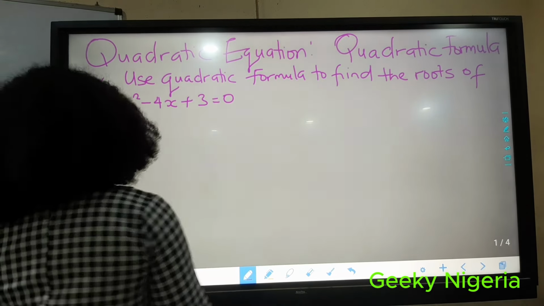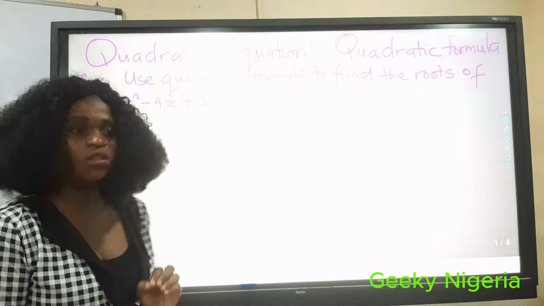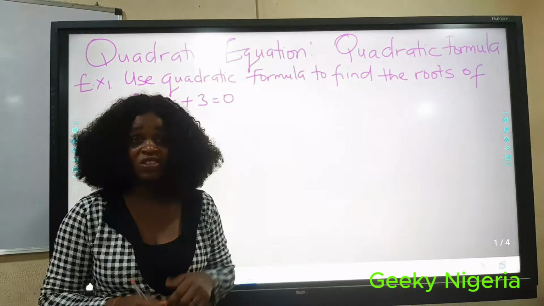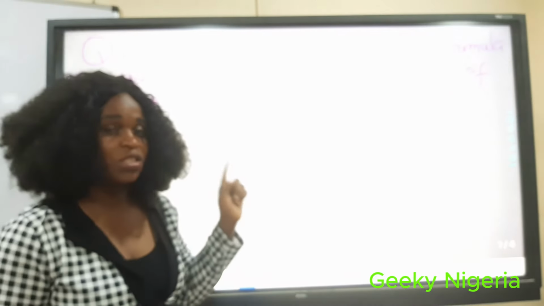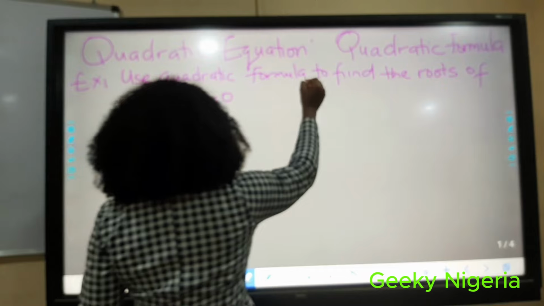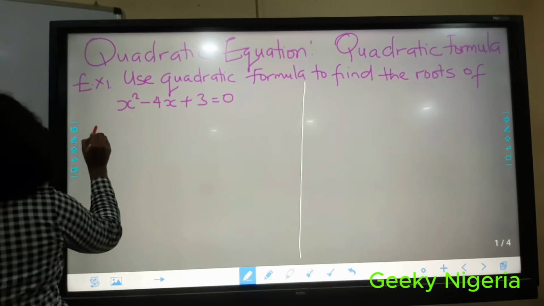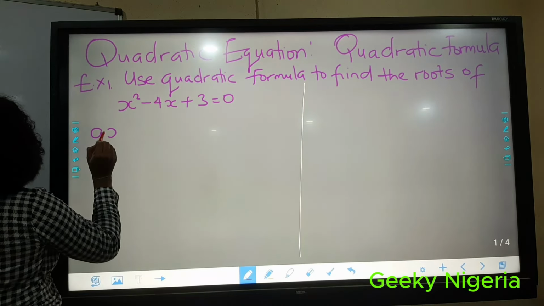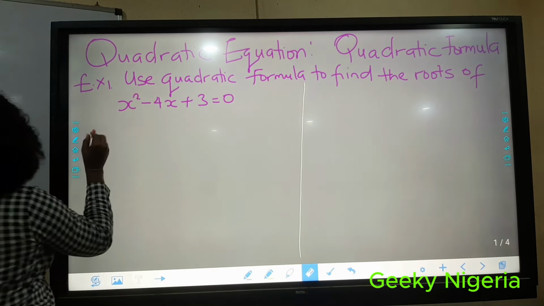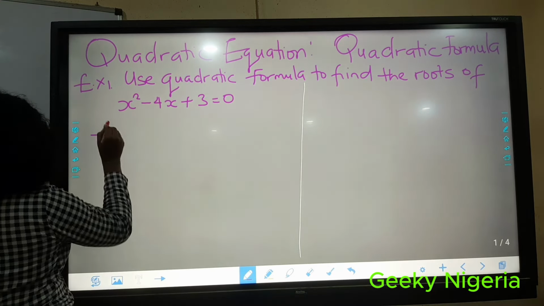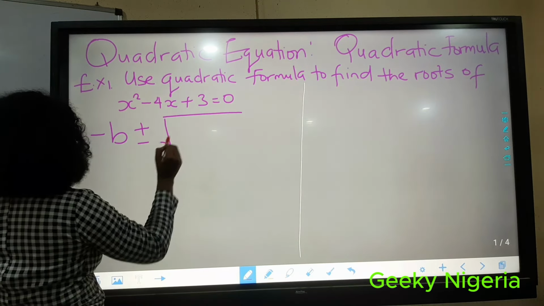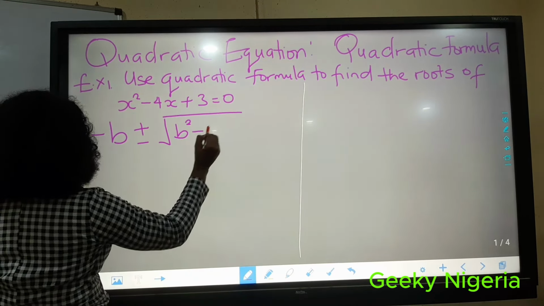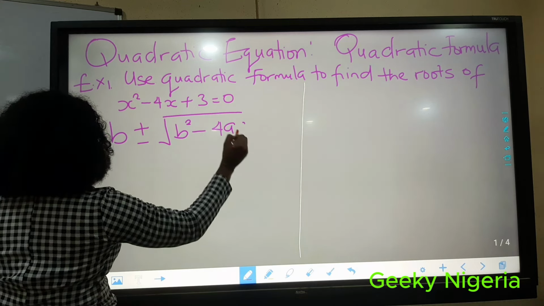Welcome. So today in the section of quadratic equation, we're going to be looking at solving quadratic equation using the formula method. Now, the general quadratic formula for solving a quadratic equation using that method is known as x equals minus b plus or minus the square root of b squared minus 4ac.